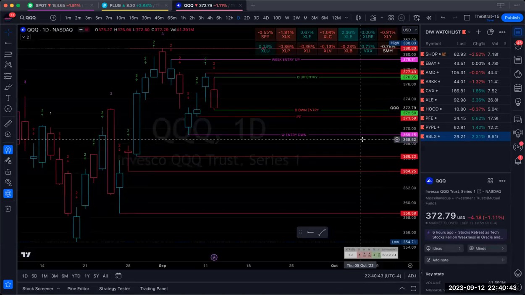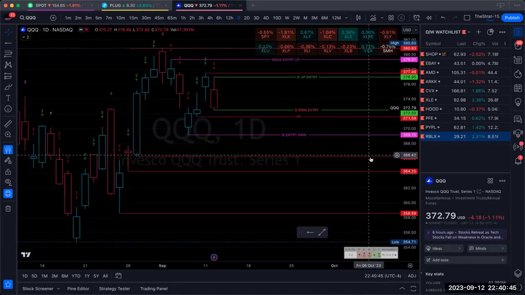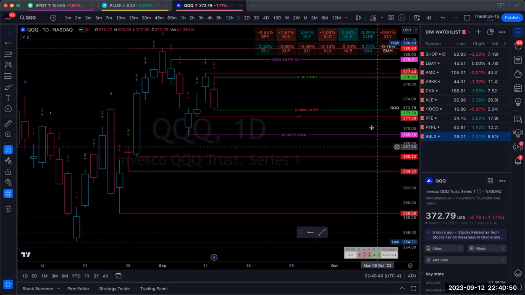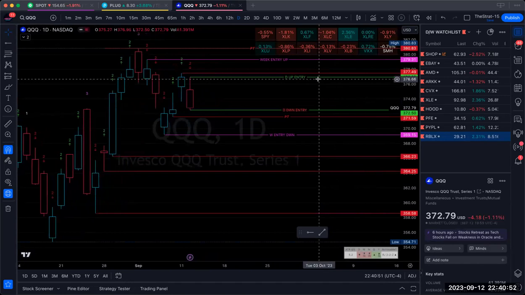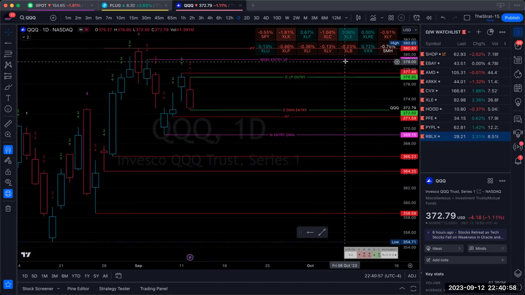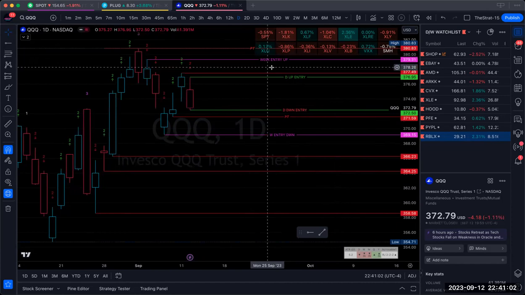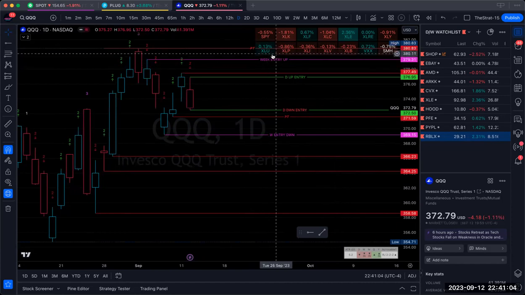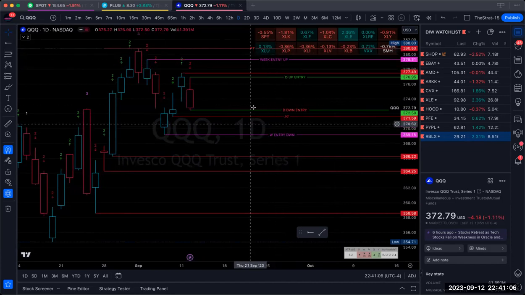Your weekly down entry will be 369.15 down to 366.23, and then possibly 364.35. If you take a call, entry will be 376.95 up to 377.49, and a push and take out this weekly, which will be 379.31, and take out 380.83.